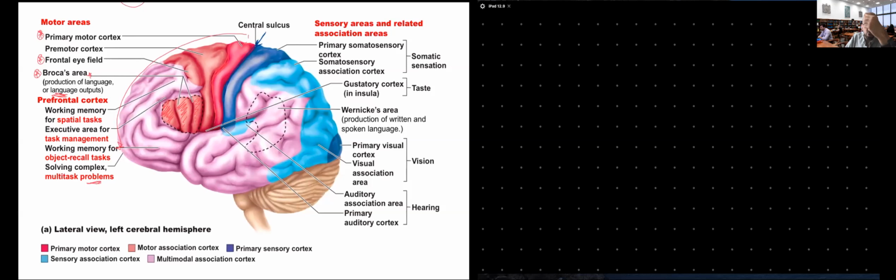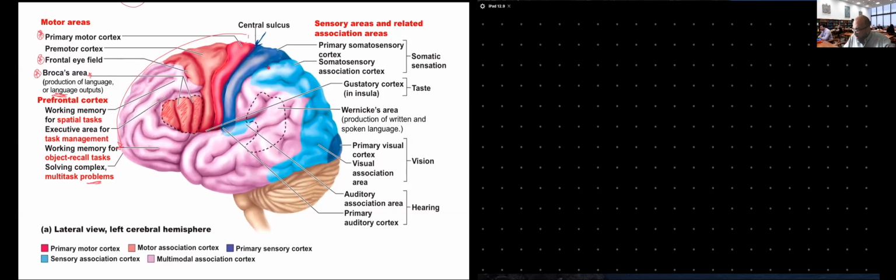This is a site for memory recall, task management, multitasking, and solving complex problems. What is the name of this area here? Prefrontal cortex.